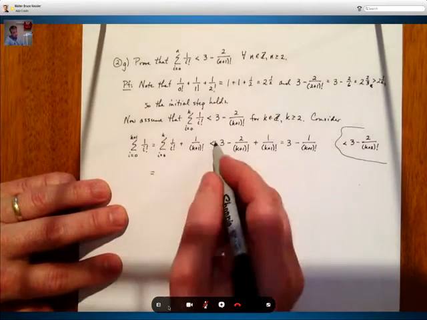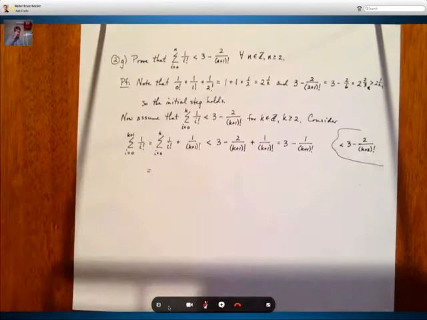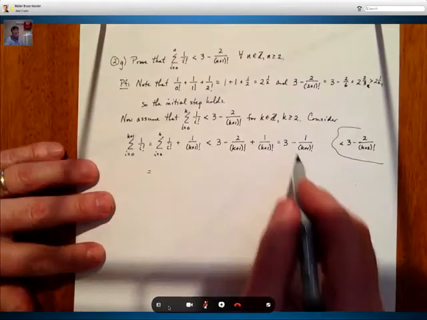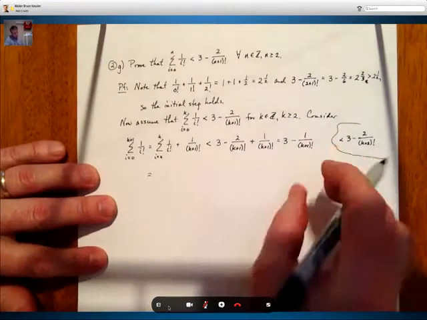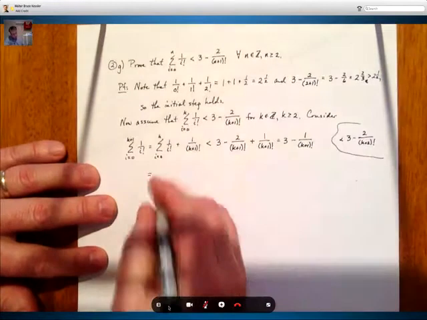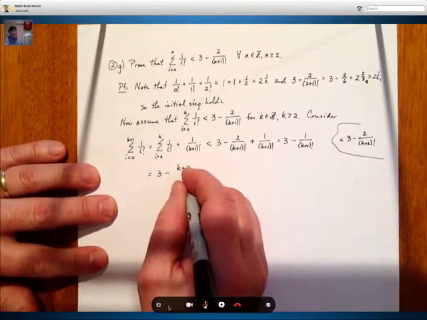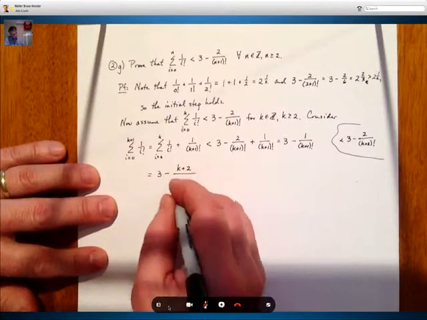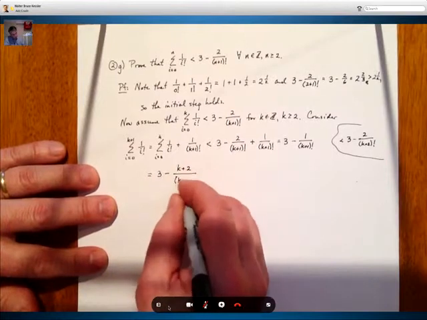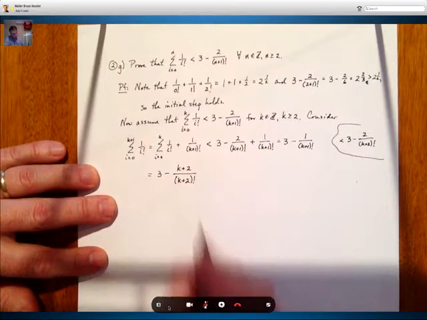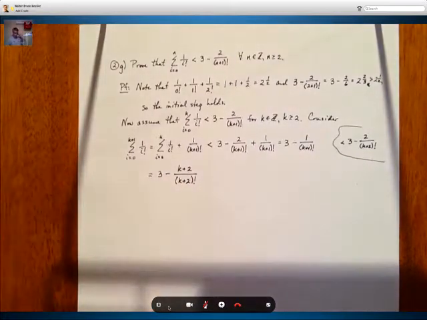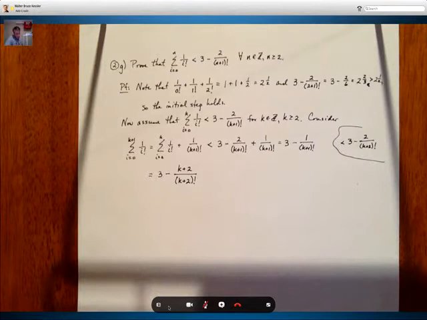So, to get the denominator looking like this, and notice if I'm doing a step that's strictly equal, I just put equals. If there's a step that's strictly less than, I put that in. But what I can do to get this is multiply by k plus 2 in the top and the bottom. So 3 minus, and I've got k plus 2, and then this would be k plus 2 factorial, because I've got everything below that in there already.